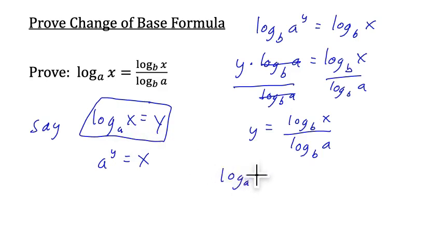So I have log base a of x is equal to log base b, some number we choose, of x over log base b of a. That's a b. And we have just proved the change of base formula. So now we can use the change of base formula knowing that we can prove it.